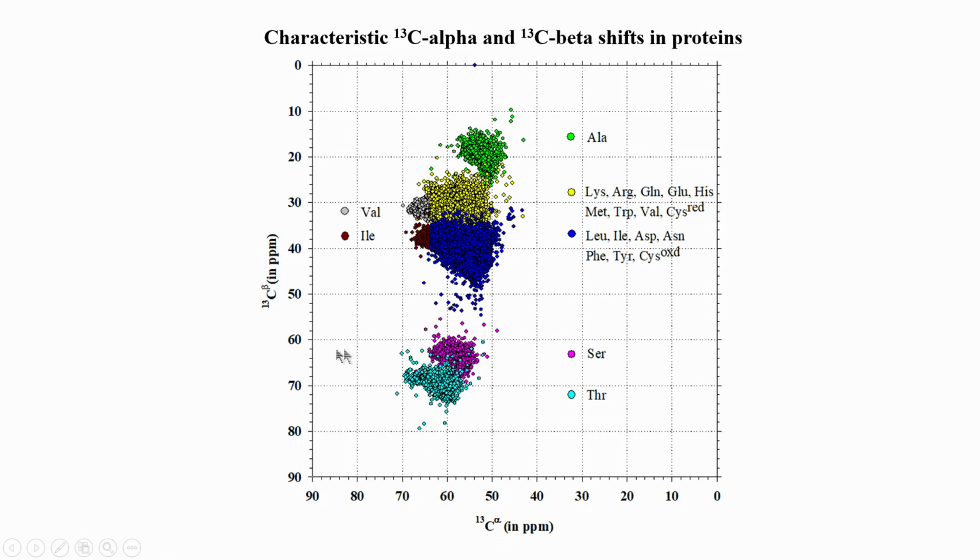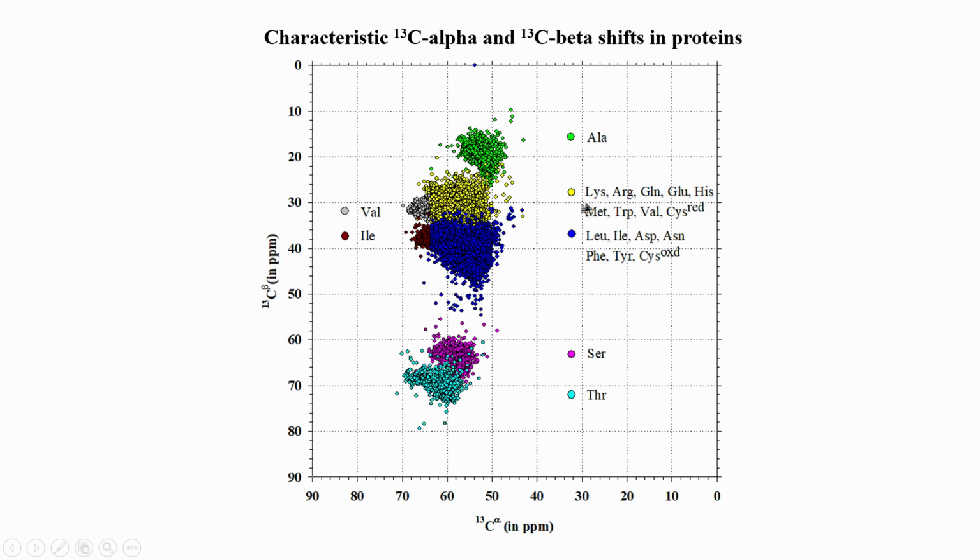Now, if you go further down in C beta chemical shift, you see there is a gap here, there is no C beta here, mostly it is C alpha, but C beta starts around 60 ppm for serine and then further down for threonine. So, serine and threonine also can be separated. So, you can see here how nicely the C beta chemical shift gives us information of what amino acid type it could be.